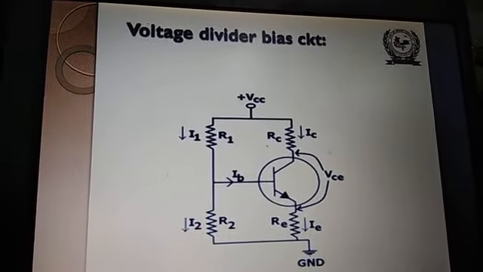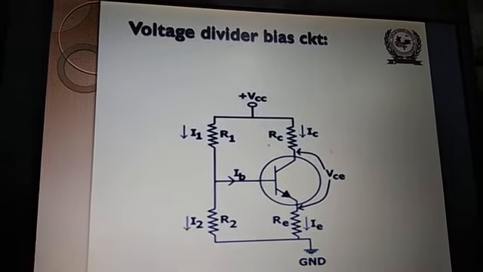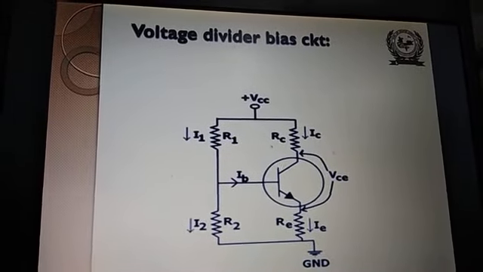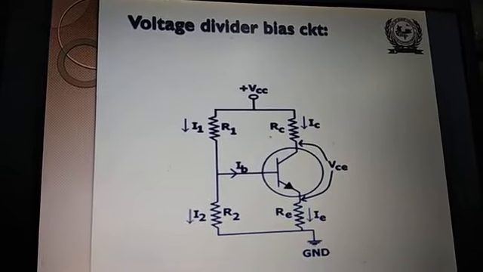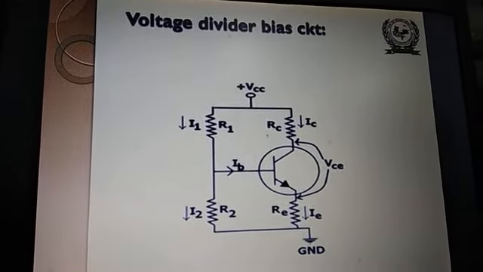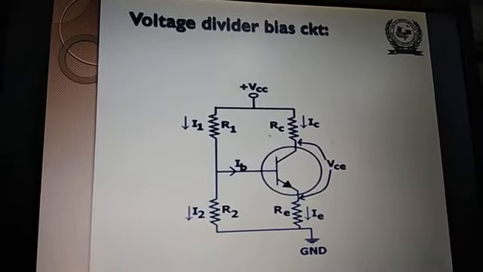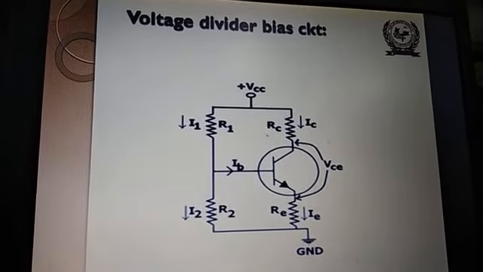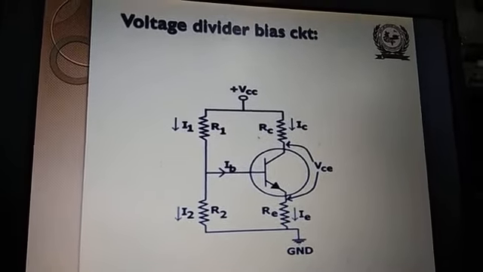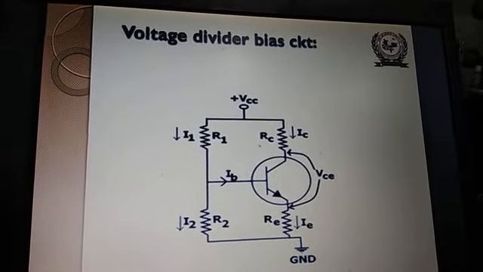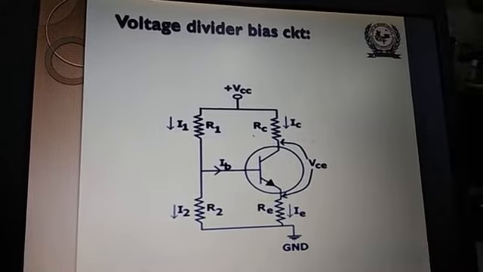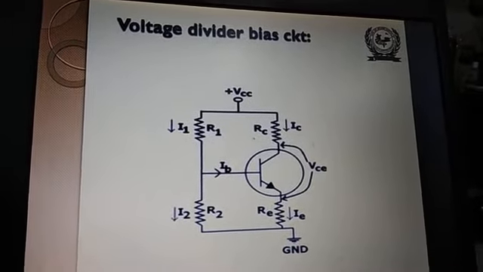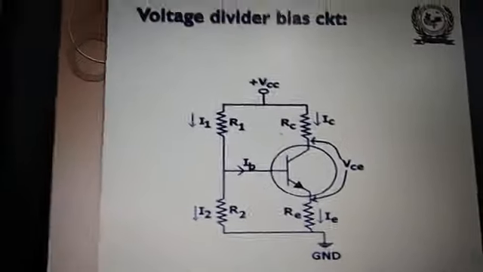And again IC will increase and temperature will increase. Again temperature increases, IC will increase. This process continues, called the thermal runaway. And therefore, in this type of circuit, we must try to avoid this thermal runaway, that means to avoid damage of the transistor by extra heating, extra increase in temperature.